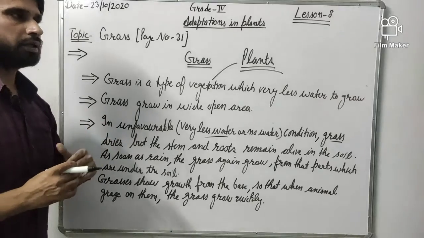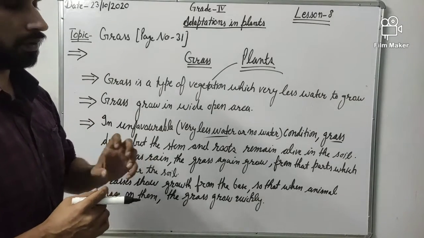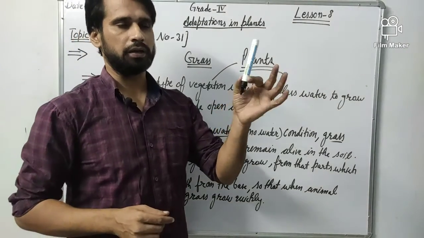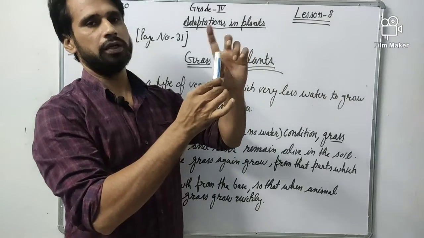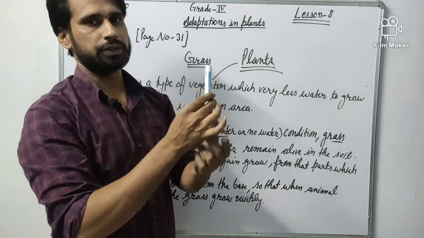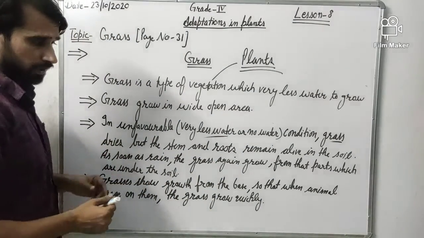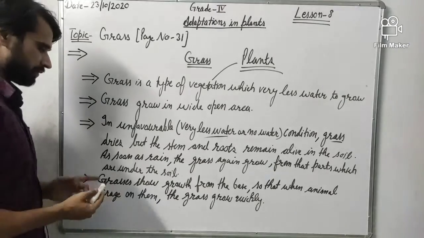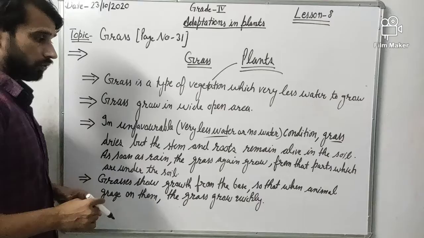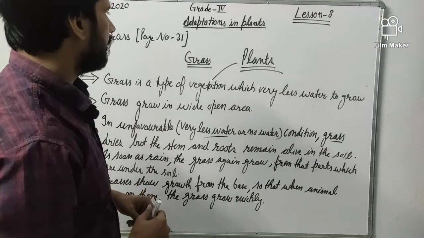The tip is the uppermost part of the plant, like this top of my marker, and the lower part is called the base. So grasses show growth from the base. Whenever any animal grazes on them, the grass does not die, it grows quickly. So these are some adaptations of grasses.